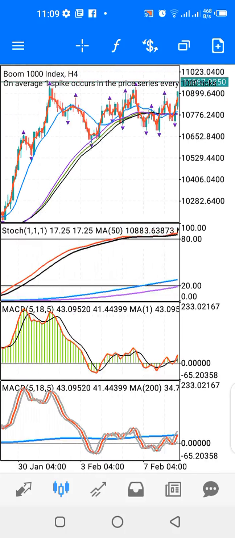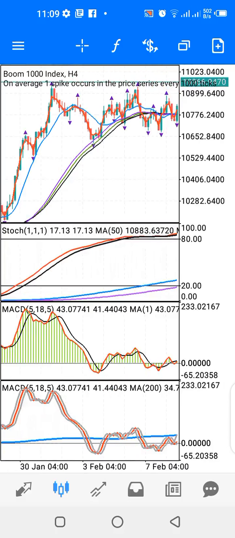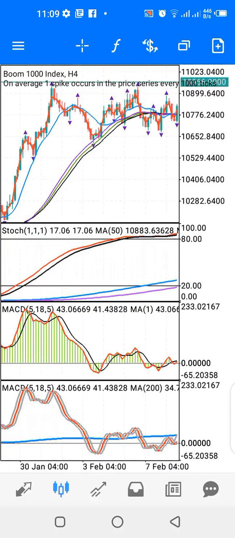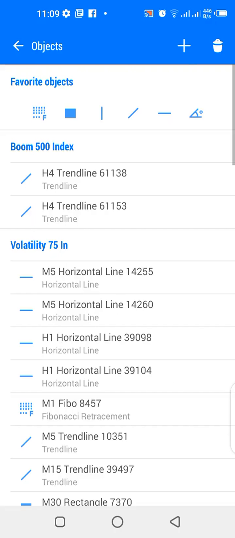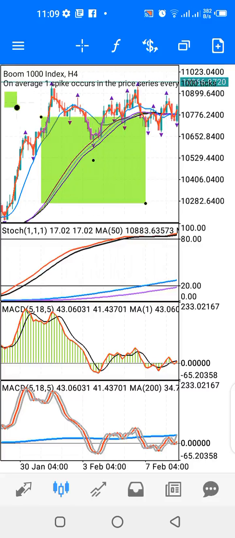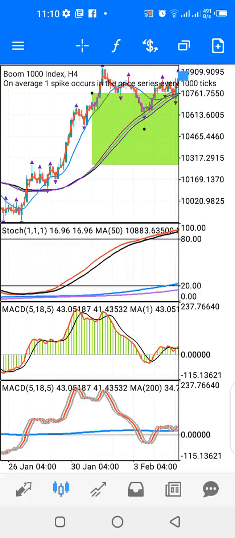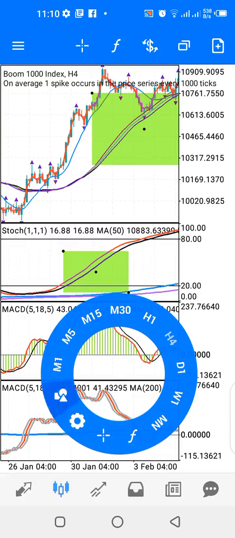I have 4 windows. I have indicator window 1, and I have the main window. This is my main window. I have indicator window 1. This is indicator window 1. I have indicator window 2.